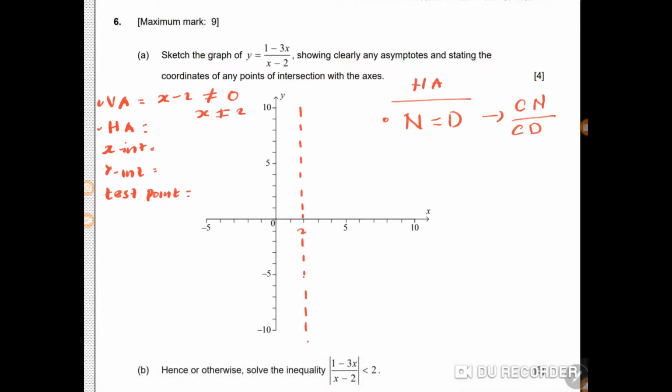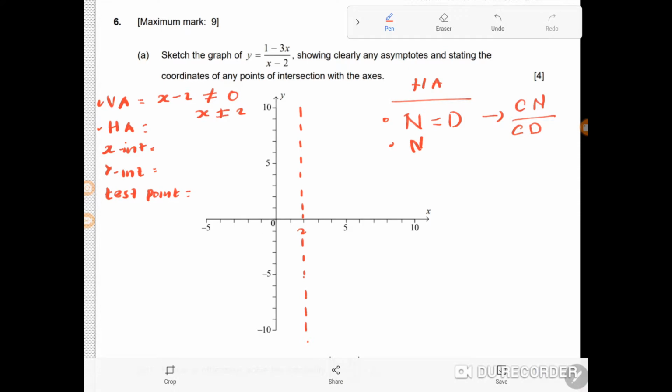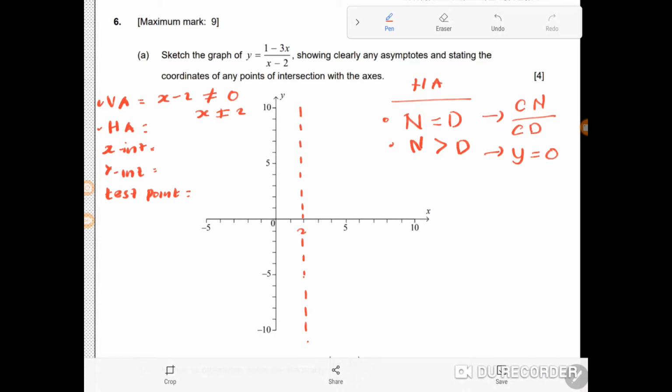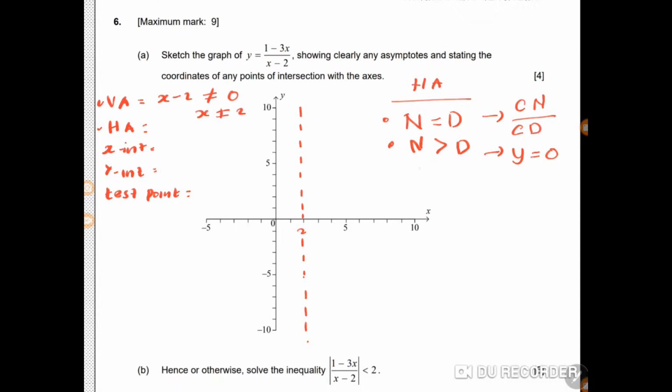Number two: when the highest degree of the numerator is less than the highest degree of the denominator, we have y equals 0, which means the x-axis is the horizontal asymptote. And the last: when the numerator's degree is greater than the denominator's, there is no horizontal asymptote.